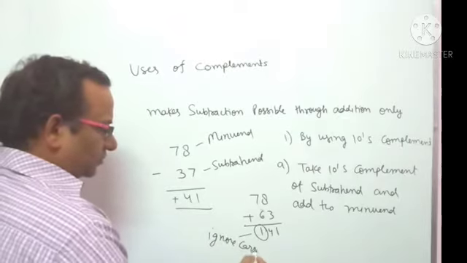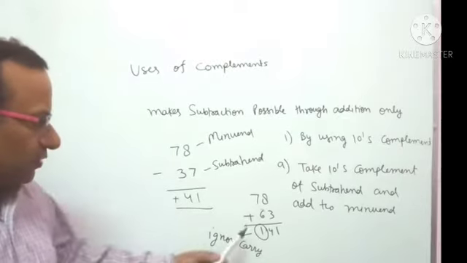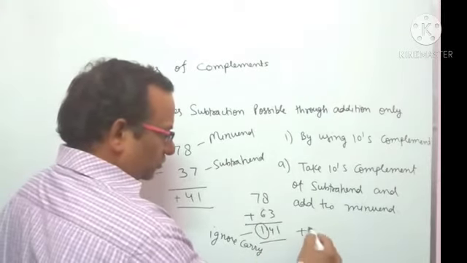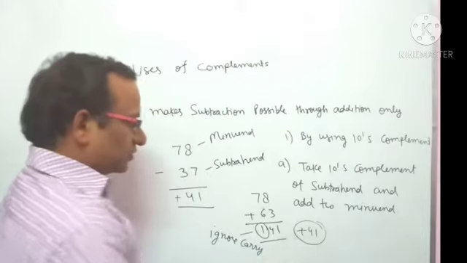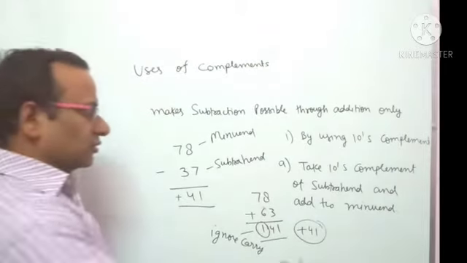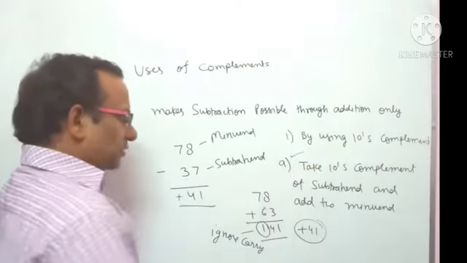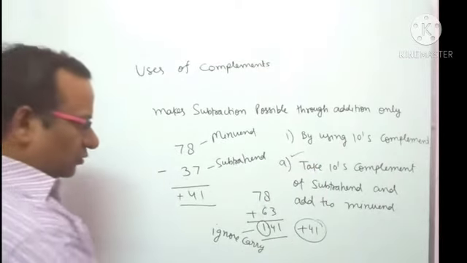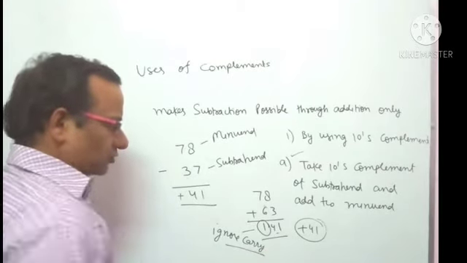Ignore carry, and generation of carry tells the number is positive. So the result is plus 41, which is the same result as 78 minus 37. So we can see that by using tens complement we can perform subtraction by the addition procedure. Ignore carry and the result is positive.